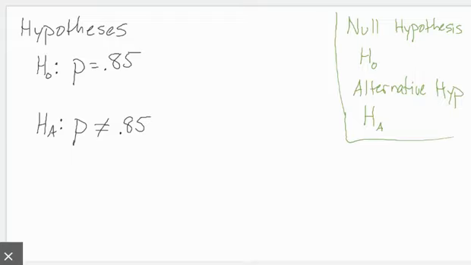So this null hypothesis just basically tells me that the proportion that want to go to the zoo is truly 85%.